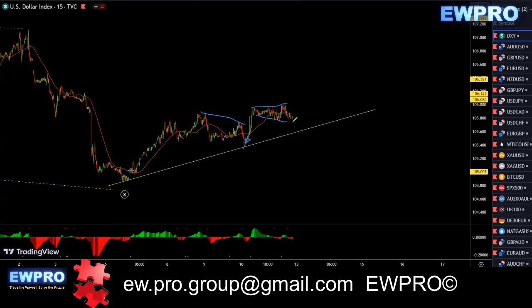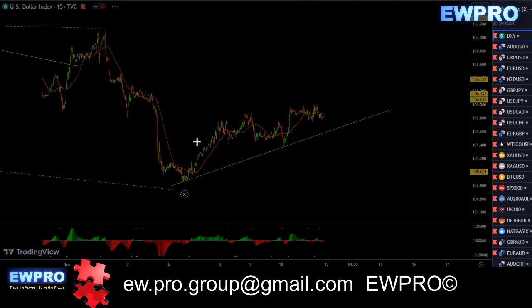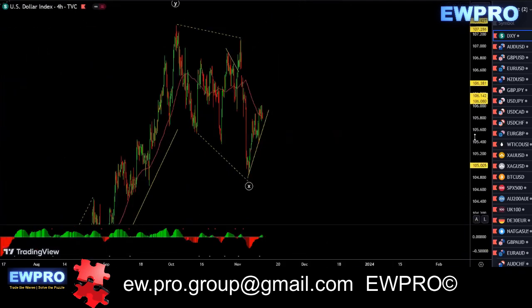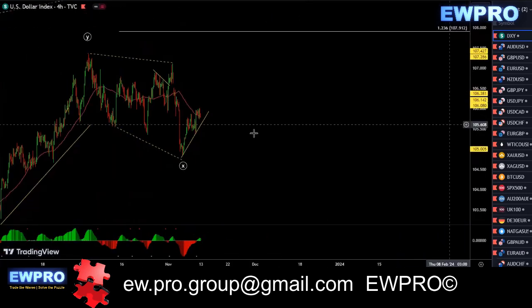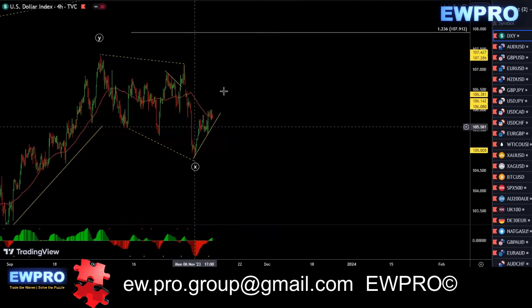Now it's giving you another bullish setup, and you could take this, keep a tight stop for a buy, and then if it gave you a sell setup, you could sell. But those in the buy, I'd be holding on to it and keeping it at break even and looking for those H4 targets.